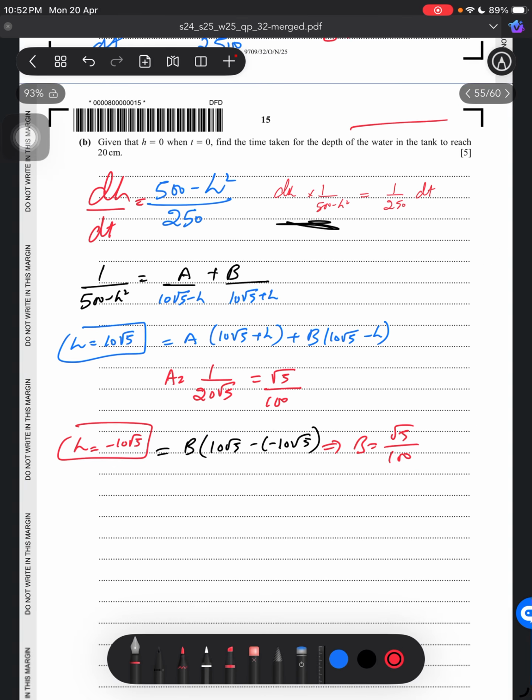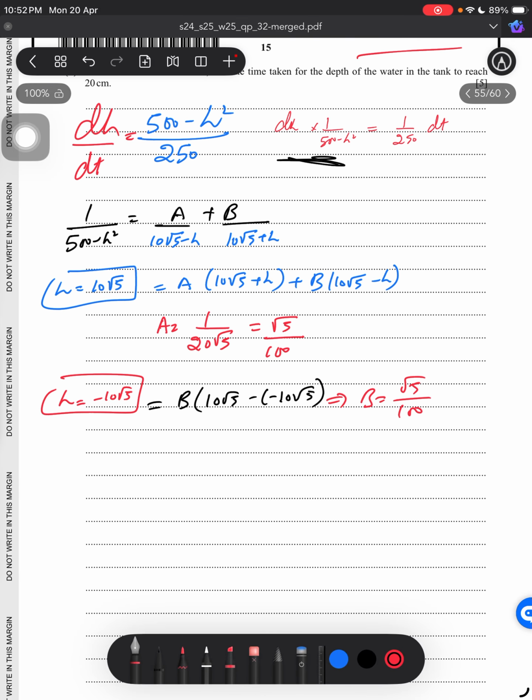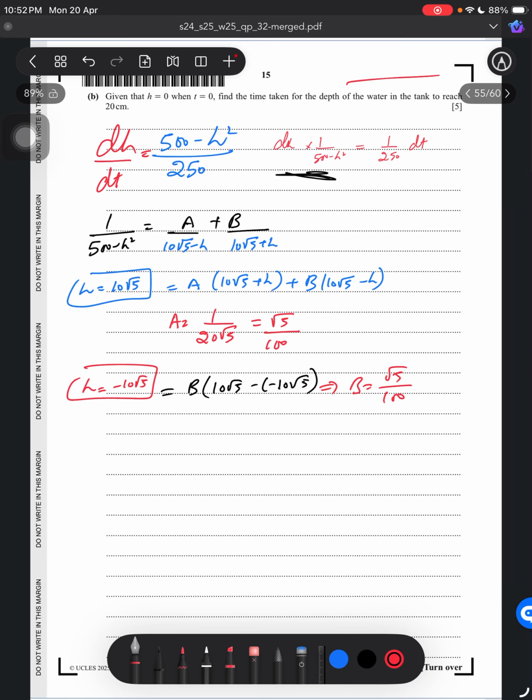So this would be a lengthy question. You'll have root 5 over 100, negative 1.